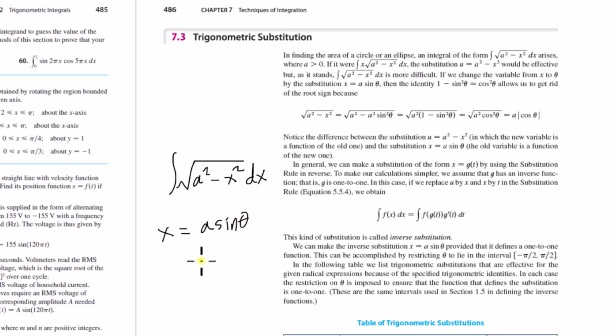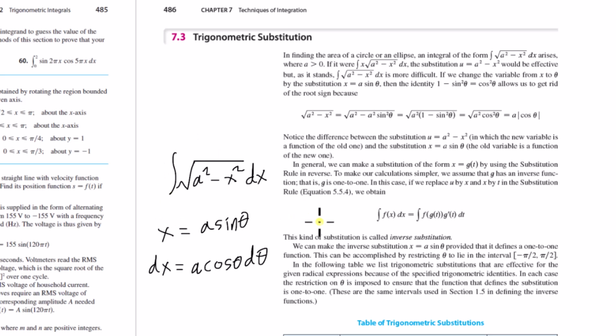You see the difference? So dx d theta is equal to a cosine theta, so dx is equal to a cosine theta d theta. That's how you get rid of the dx. And then you just replace x with a sine theta, and now you've replaced the x with the full integral as a function of theta.